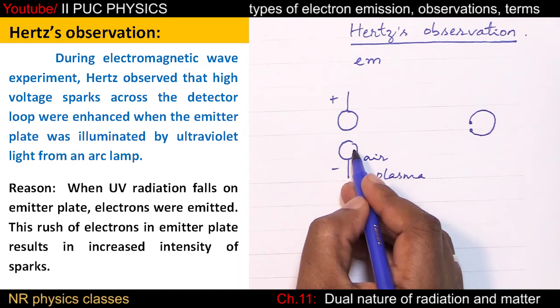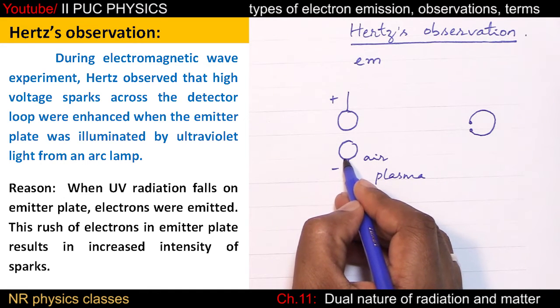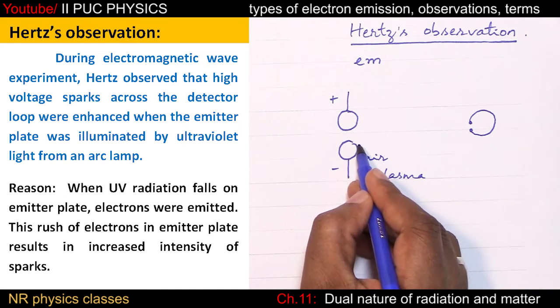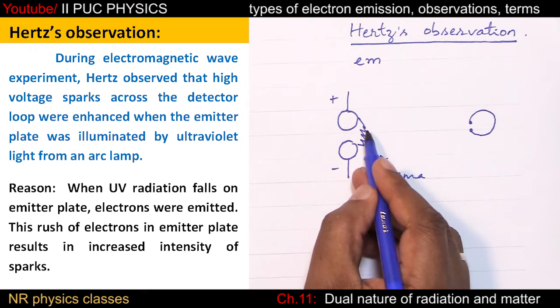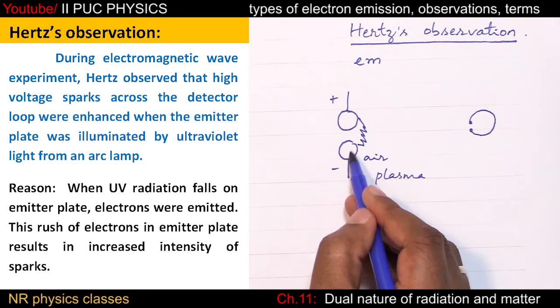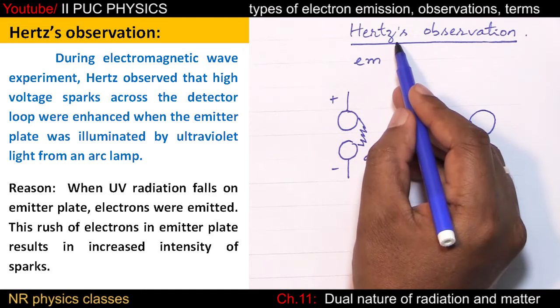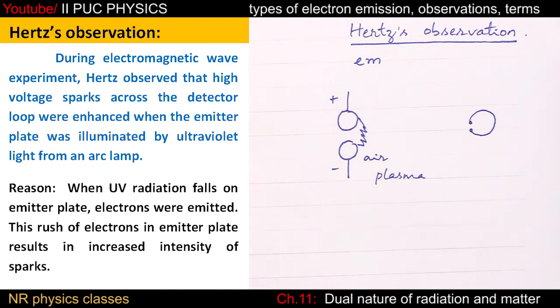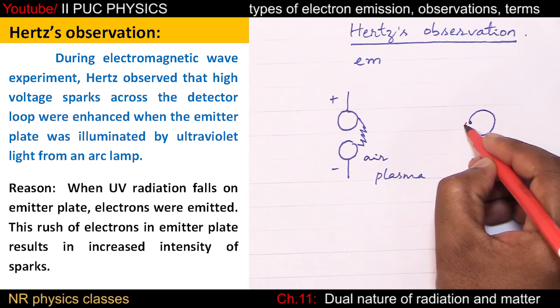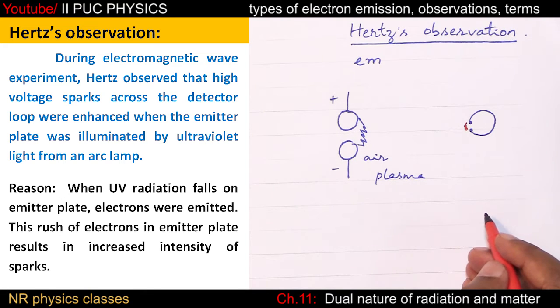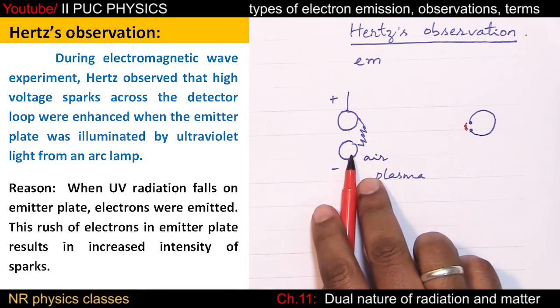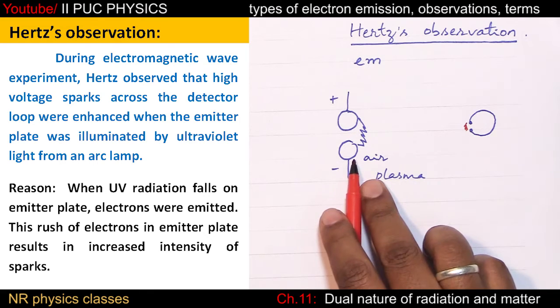Then electrons could jump from this sphere to this sphere. These are the sparks observed between these two spheres. Strangely, there is no electrical contact between these two arrangements.